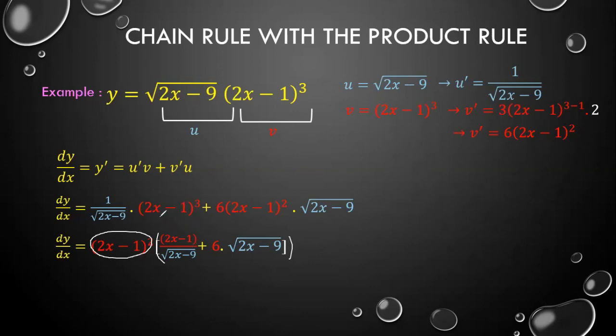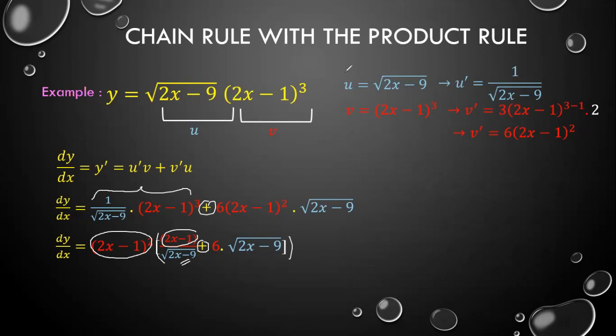Okay, students, now we're going to simplify this one. This is positive, a plus here. So we put 2x minus 1 squared outside of the parentheses for the left side. So it means 2x minus 1 here, and then root of 2x minus 9 still here.